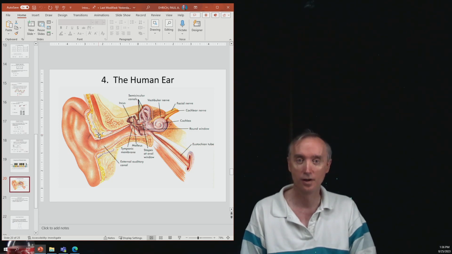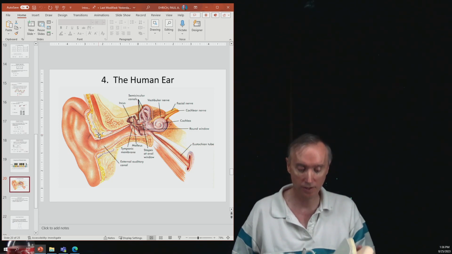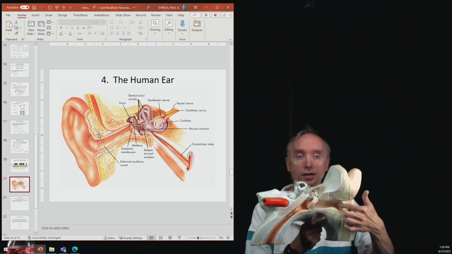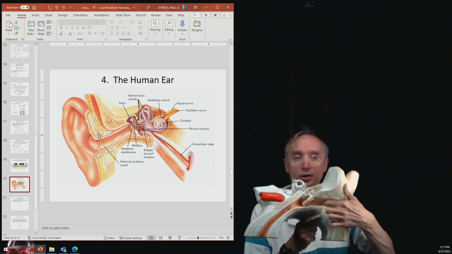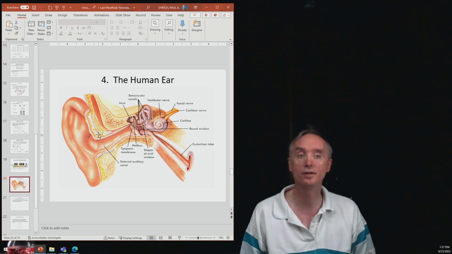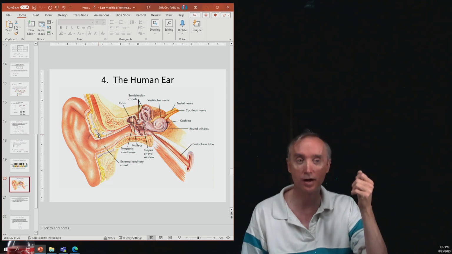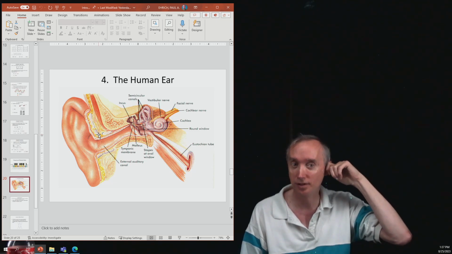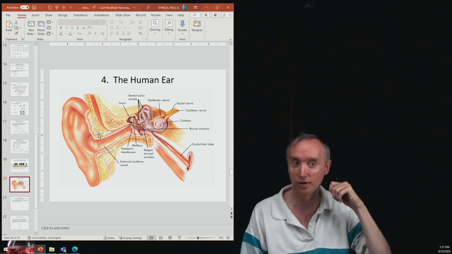Okay, the next part of the ear is going to be the ear canal. That's going to be this part right here. And what do you think is the purpose of the ear canal? It's going to be for protection. Because how many of you have ever taken a bobby pin and put it in your ear and accidentally touched the eardrum?